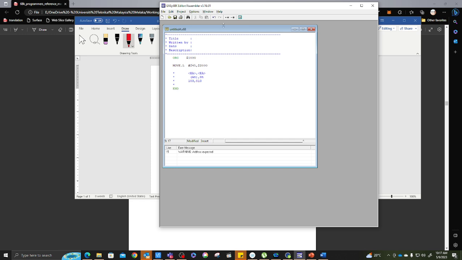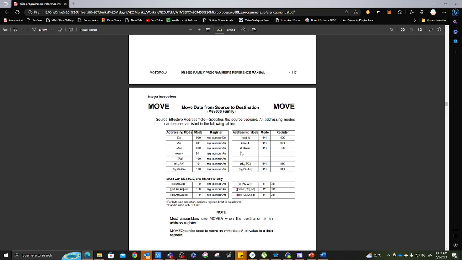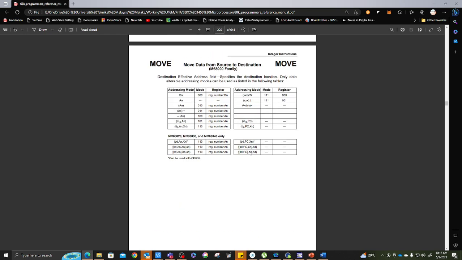So this is data. It means you are referring to data over here for the source. This is the destination. There is no mode and register here, so we are not going to use that one at the moment. But we are going to concentrate on these two. Alright, so this is absolute short, this is absolute long.